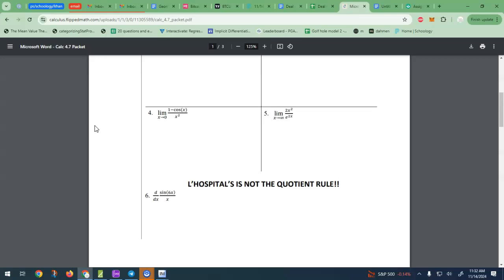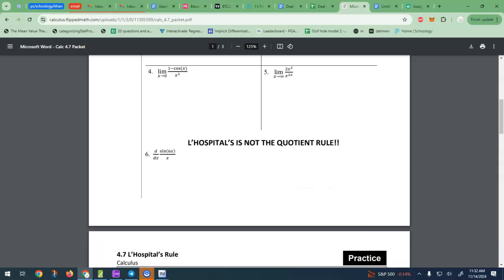Number 6 is not a new problem. It's just telling you, some people get confused with the quotient rule and L'Hopital's. It's just reminding you, if I ask you to take the derivative of a quotient, that is quotient rule. This is not a limit problem. You have to actually do the bottom times the derivative of the top, minus the top times the derivative of the bottom, over the bottom squared. So it's just pointing out the difference between them.